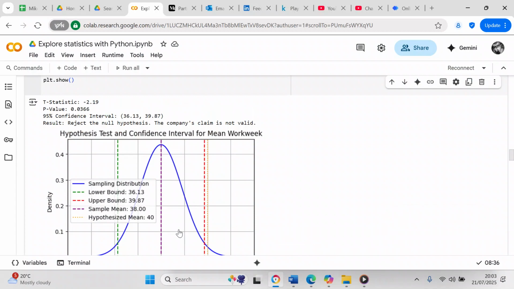So the blue line is a normal distribution. The green line is your lower bound of 36.13. The red line is your upper bound of 39.87. Your purple dashed line is 38, and the dotted line is your hypothesized mean of 40.